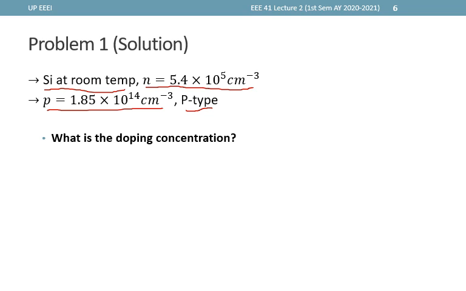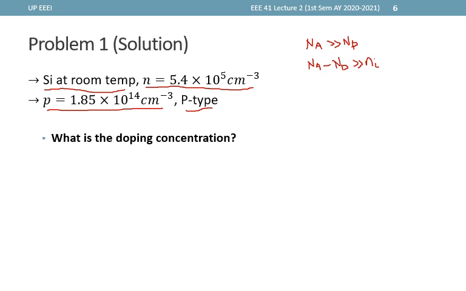Now, can we use that approximation? The requirements for that approximation are that Na is much greater than Nd, and Na minus Nd is much greater than Ni.